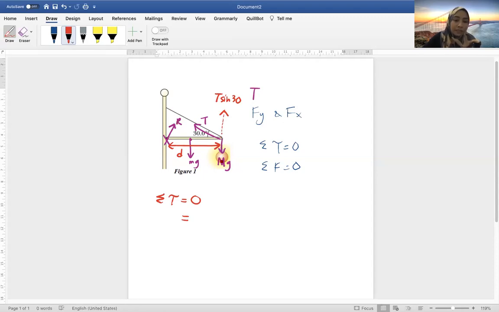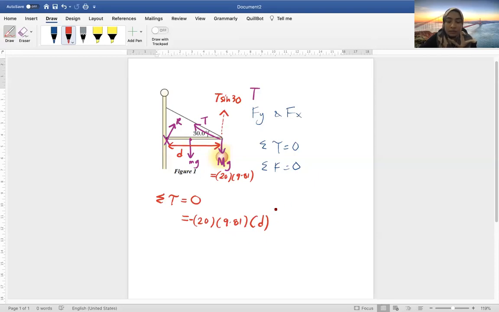The weight of the floodlight is 20 times 9.81, acting at a length of D. So that is the weight. Am I going clockwise or anti-clockwise? This is going down, clockwise, so clockwise is negative. Then I have my T sine 30, which I forgot to do.